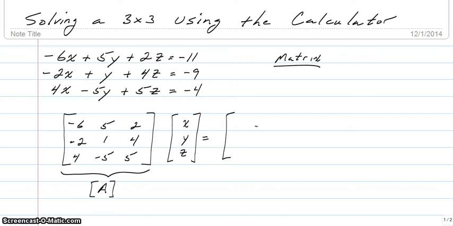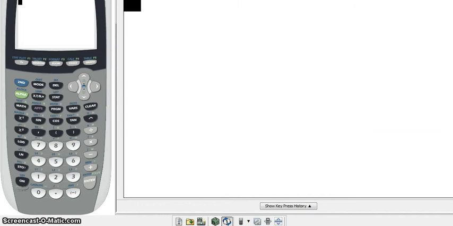And the resulting matrix, which we're going to call matrix B, is going to be our solutions here. In this case, it's a -11, -9, and -4. That's the setup.